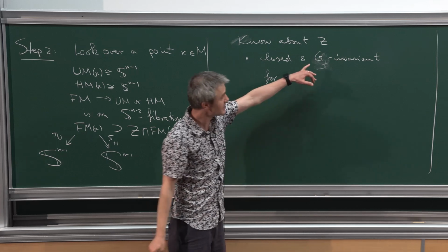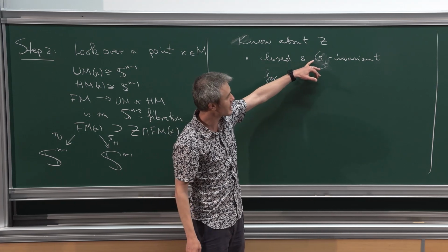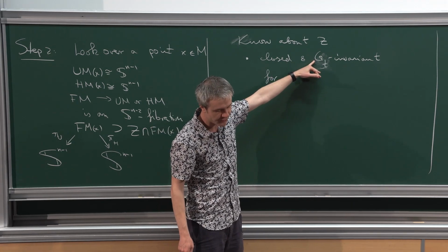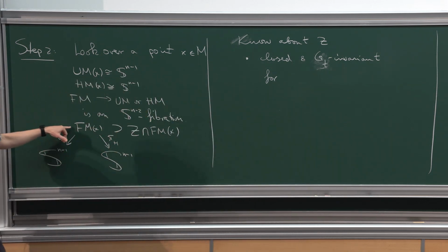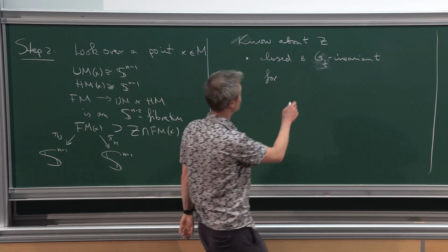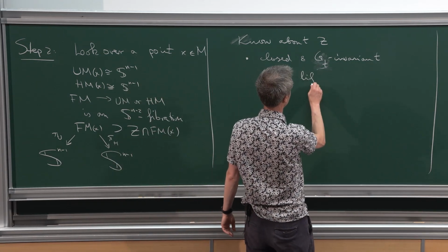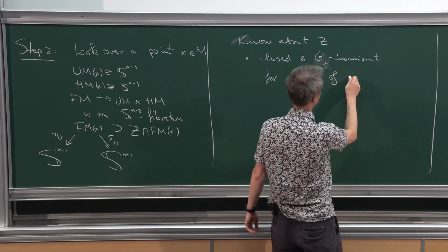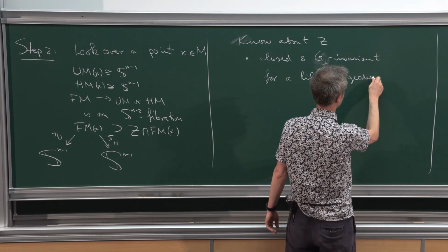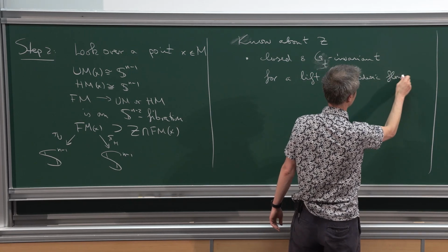I have not explained this yet, but we'll see in a moment that there's a way to lift the geodesic flow to a flow on this larger space of incident pairs. So it's closed and GT invariant for a lift of the geodesic flow, little GT.